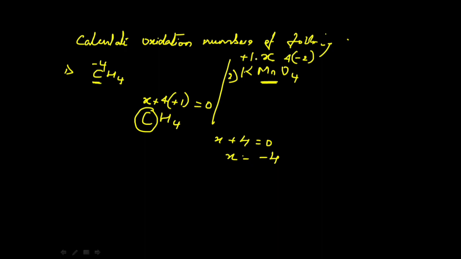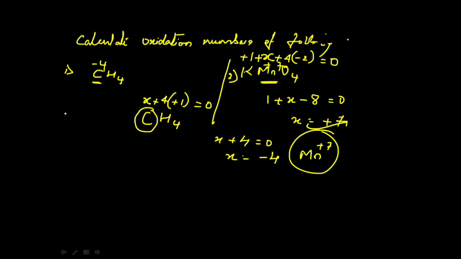I know that the sum of the oxidation states of all the elements will be equal to 0. Solve this equation: 4 into 2, 8, -8 is equal to 0, and X is equal to +7. So in this case manganese exhibits +7 state.